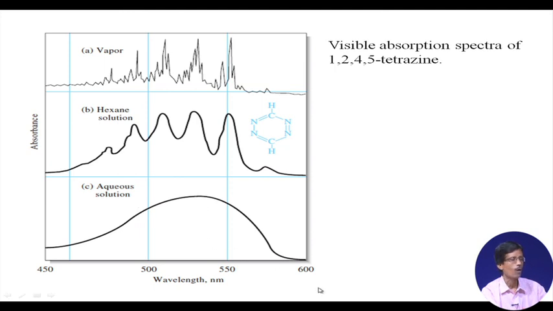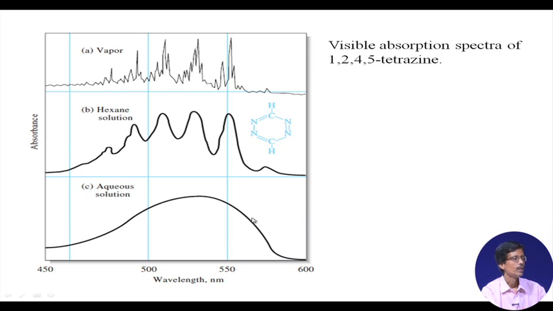In this broad absorption spectrum, we are not able to separate out all the 4 plus the small peak. So, this does not give you the finer detail. The hexane solution gives us a finer detail for this measurement, which is absent in the aqueous solution.